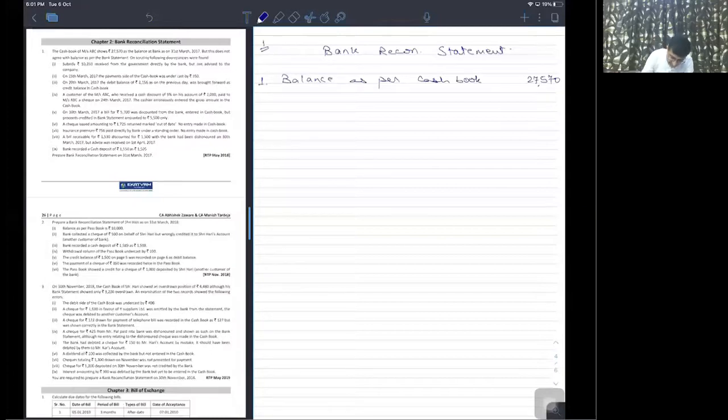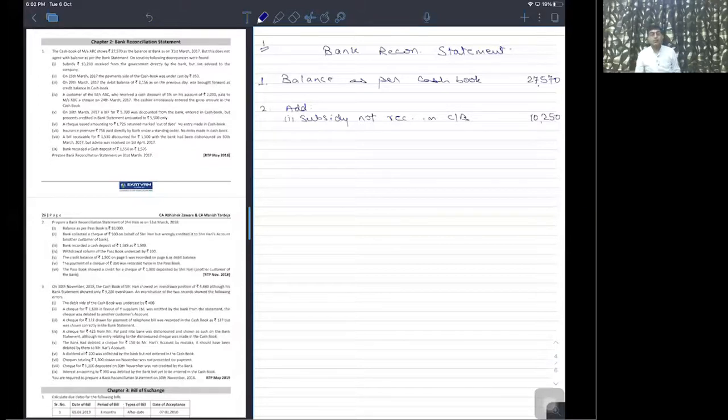Yes. So subsidy received. Number 2, add. Under that, subsidy not recorded in cash book, 10,250. Am I right? Next, on 15th March 2017, the payment side of cash book was undercast by rupees 350.